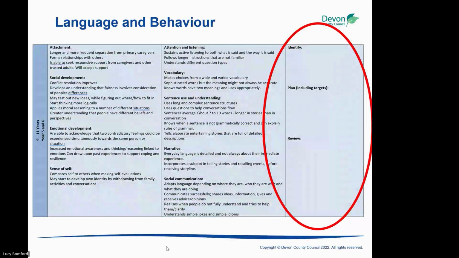So many of you will be familiar with the SEMH SLCN screening tool, and this is just really a quick reminder that there is a place within the tool to link the areas that you've identified as difficult for the children that you're thinking about to your intervention planning, and you can see that highlighted on the document now.